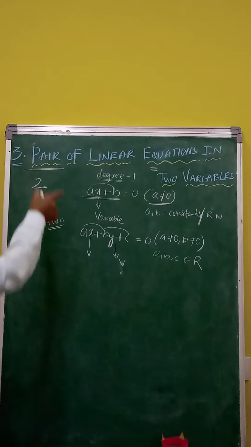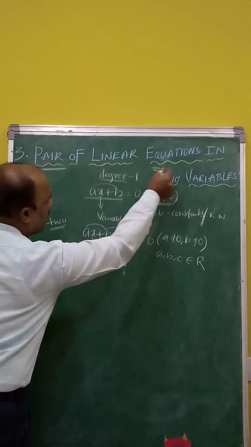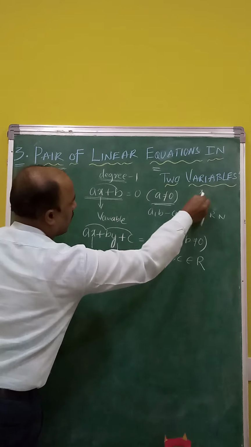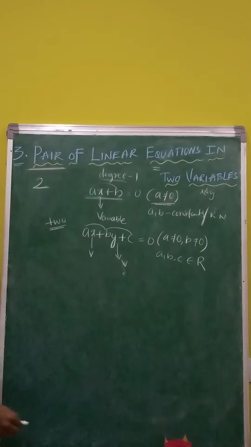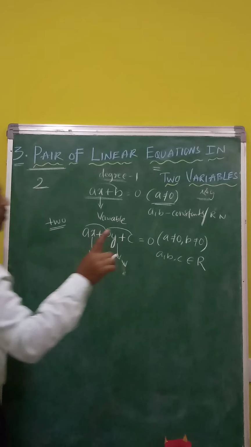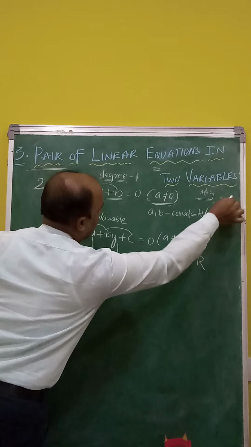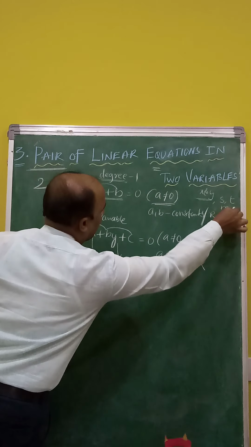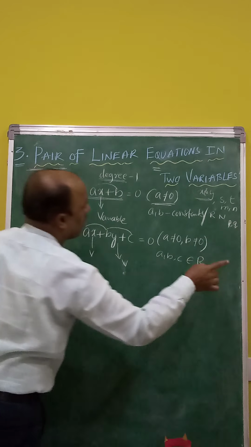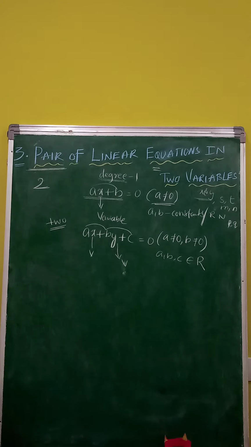Pair is 2, linear means degree 1, equation means that it should be equal to something, and the variables here are x and y. 99% of the time we use only x and y as variables. Sometimes we use s, t, sometimes m, n, sometimes p and q also.